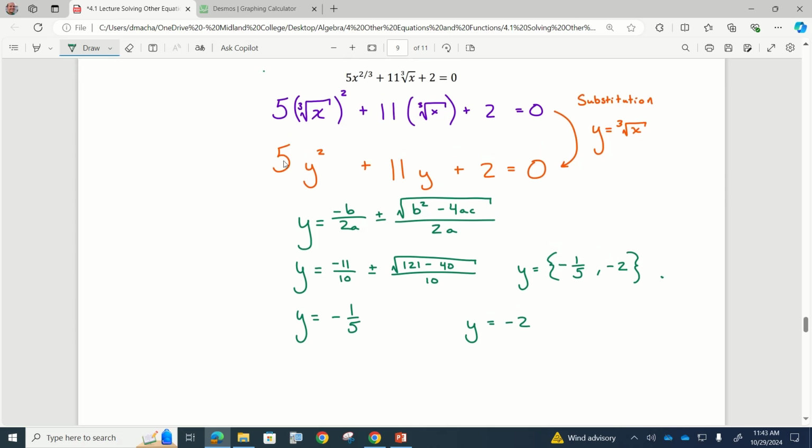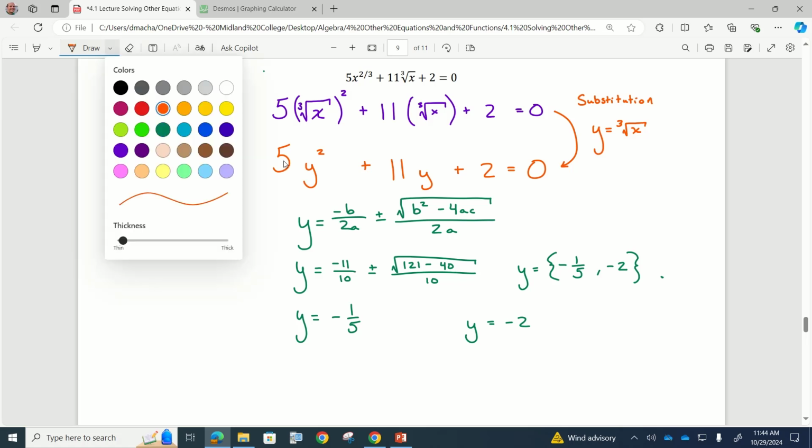Let's zoom out and look at the grand scheme of things. I'm not done yet. And I'm not done yet because my original equation wanted me to find a solution in terms of x. What x value satisfies that equation? I only found a y value that satisfies a different equation.